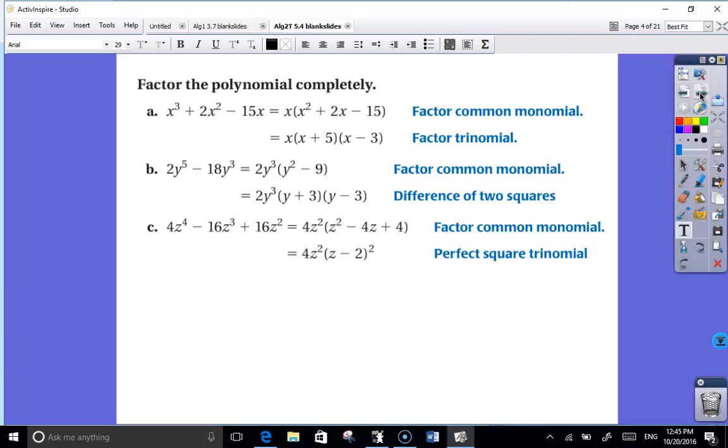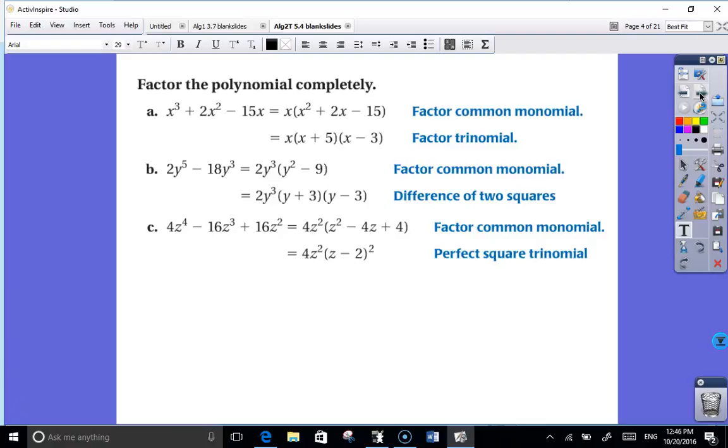So you factor it out, and now what's left inside parentheses is a quadratic. So you just use the same old methods that we did before, hopefully only using one step to go from x squared plus 2x minus 15 to x plus 5 times x minus 3. Don't turn those into 5-step processes.